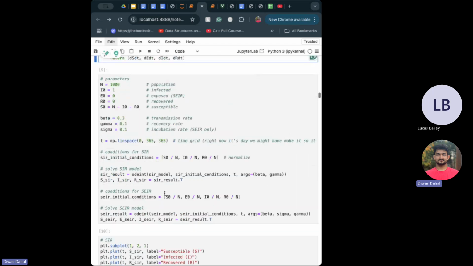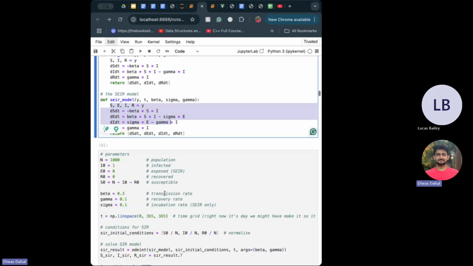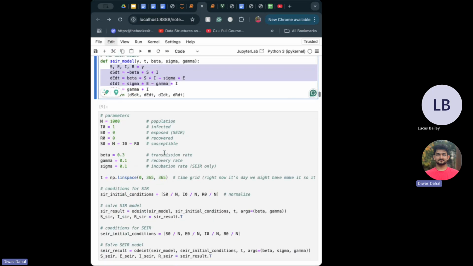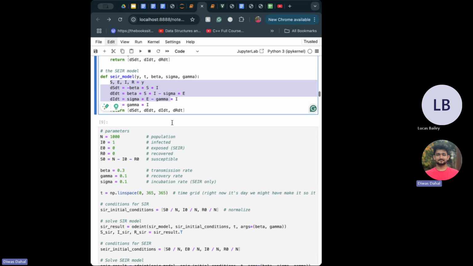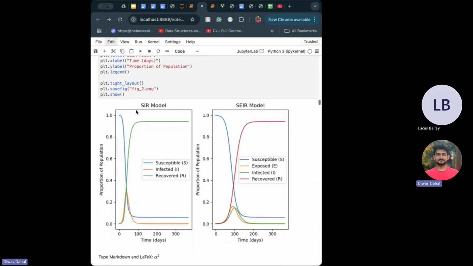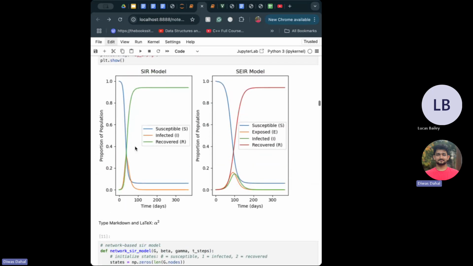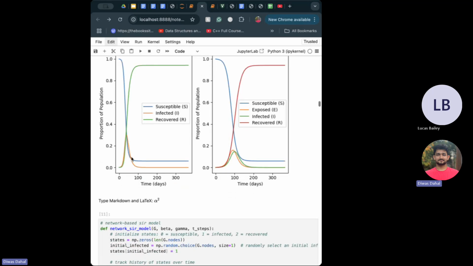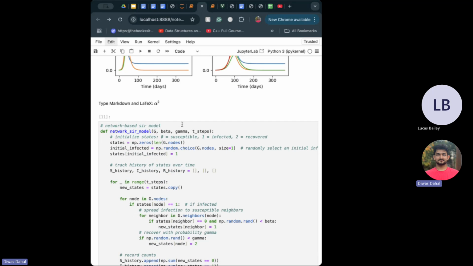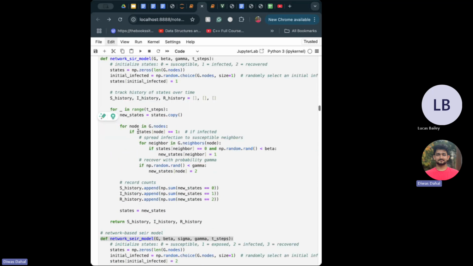For our example with the basic SIR model, we had 1,000 nodes, and this is just the basic implementation without any network, so it looks like the basic model.